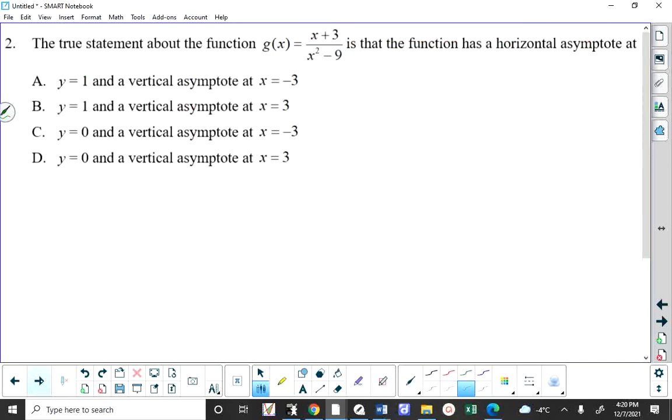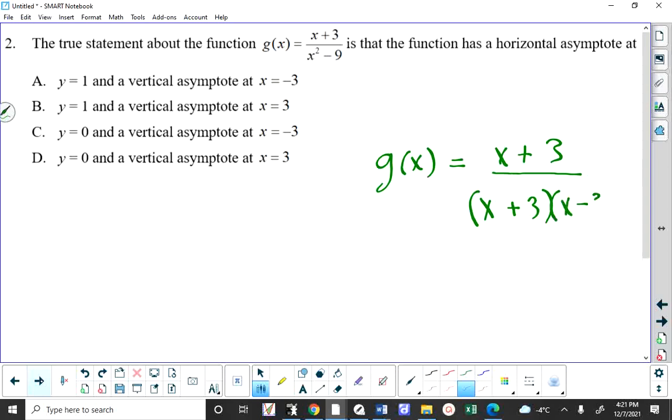Number 2, the true statement about a quadratic function. Everything that we did dealing with quadratic functions culminated in the fact that you can't tell what's going on unless everything is factored. So when we look at g of x equals x plus 3 over x squared minus 9, x squared minus 9 factors into x plus 3, x minus 3.